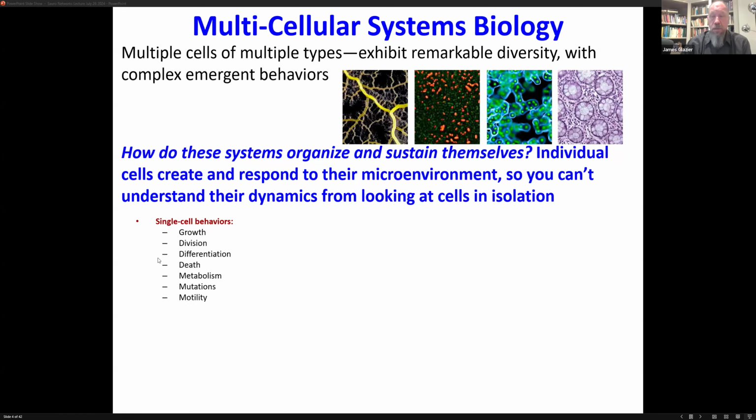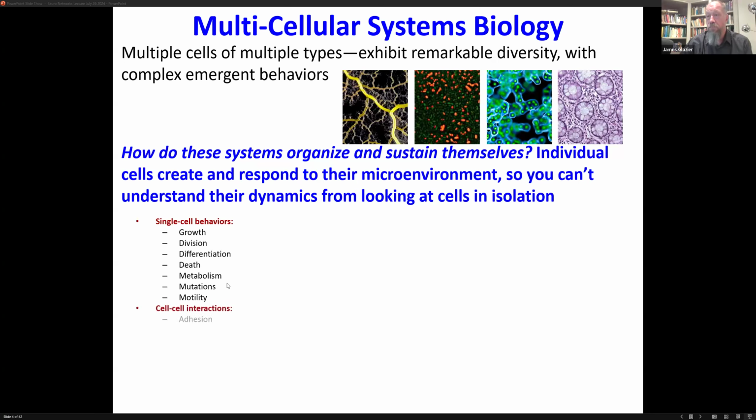How do you build, starting with individual cells, all of the many structural and functional phenotypes that you see in tissues? The number of things that cells do is not so many. They could grow, divide, differentiate, die, metabolize to create energy and chemical products.